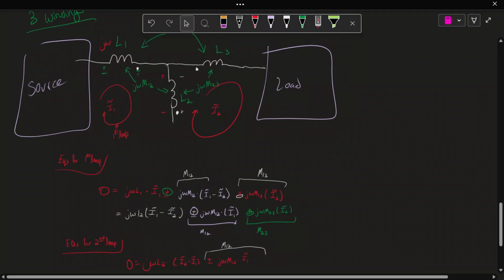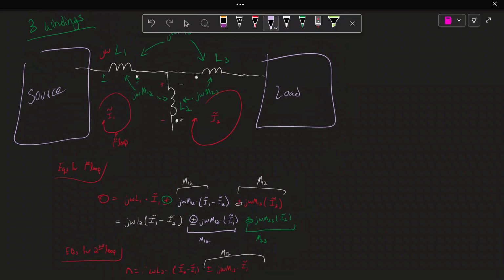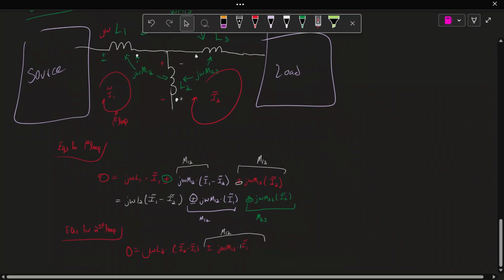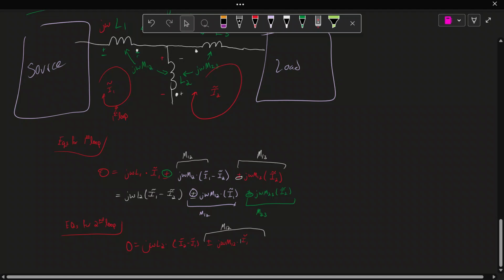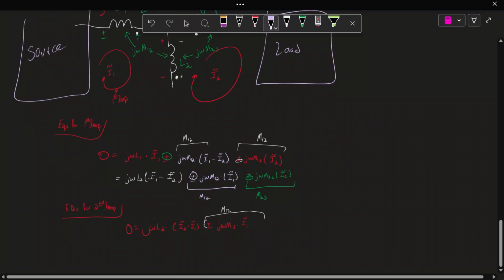Now let's look at the dot convention. Current through I1 is going through the undotted side first, so you have a positive at the undotted side and a negative at the dotted side. And because we chose I2 minus I1 to be our current through L2, the current will be going from the bottom to the top, meaning we have a voltage gain. So we have a negative M12.